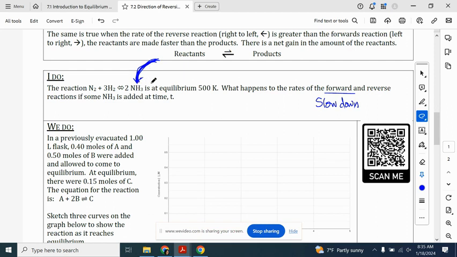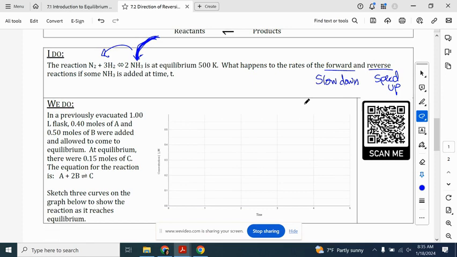And what's going to happen to the reaction going back this way, since you're dumping more of this stuff in? The reverse is going to speed up. Will they eventually reach equilibrium? Yeah, eventually they will, but it's going to take a little bit of time to catch up and get equilibrium reestablished.